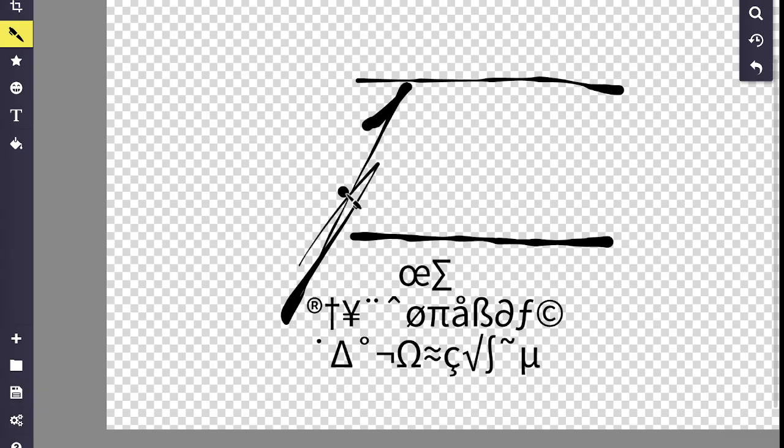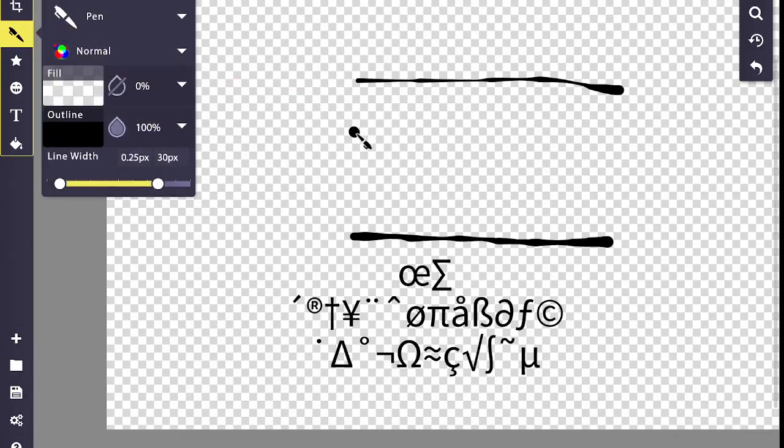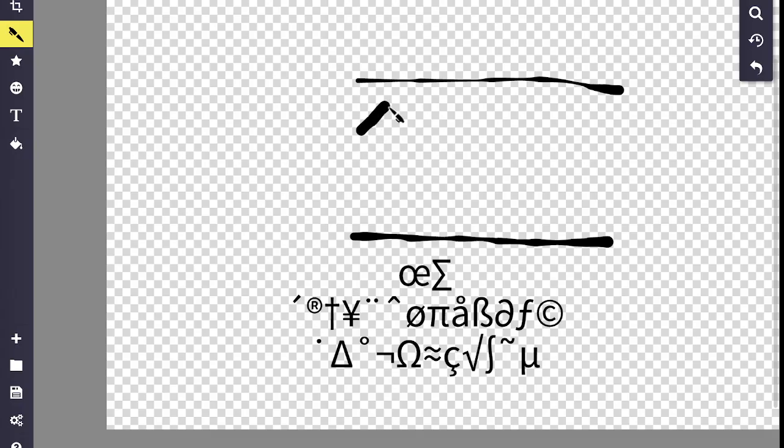Looks like this. See, it's right here. One down and a lot to go.